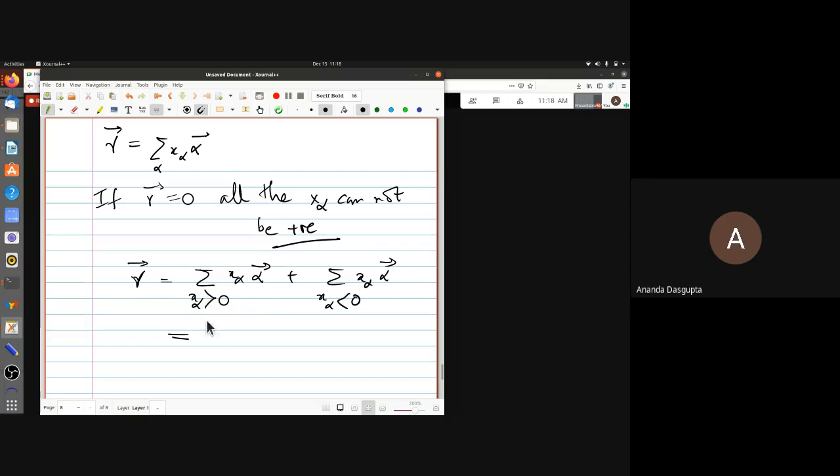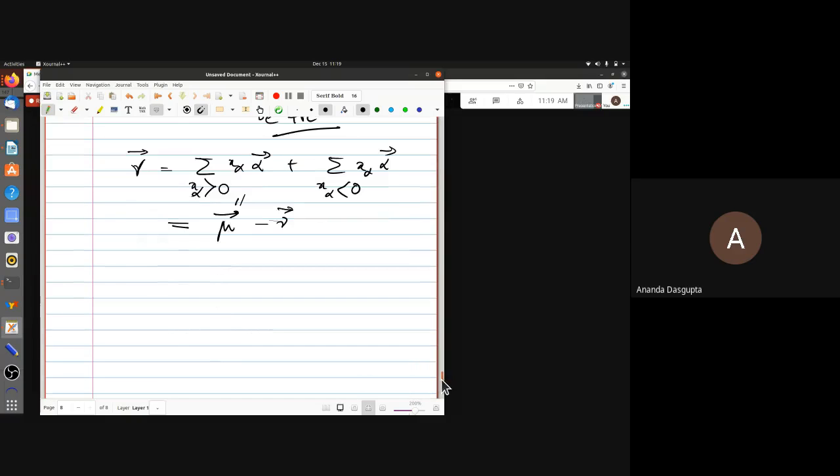So if you call this vector mu, let's say, not to be confused with the root vector, I'm just using a notation here. So x alpha times alpha summed over all positive ones, take only the positive coefficients, put them together, you call that mu. Take all the negative coefficients, put them together, and since they come with only negative coefficients, you call that a vector which is minus mu. So mu is nothing but this term, and minus mu is this term. So what we are going to now claim is that this gamma, which is mu minus mu, a positive vector and a negative vector added together, will never be zero.